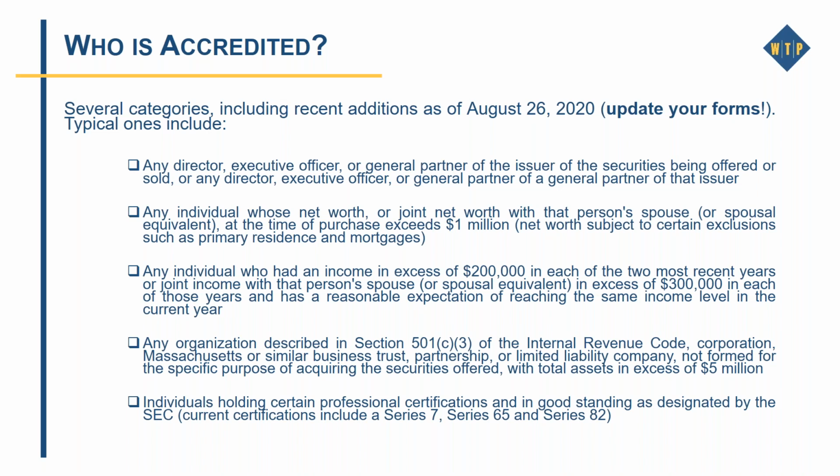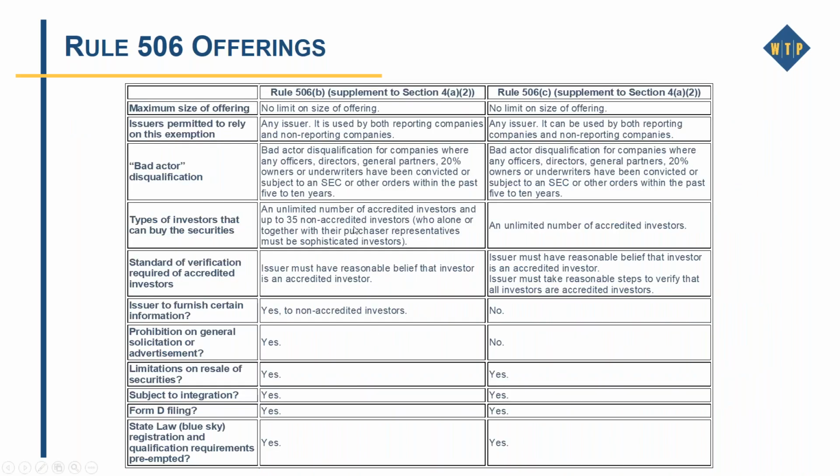Going back to the 506, we talked about accredited investors. Okay, so how do I tell if somebody's accredited? Well, under 506B, you just have to have a reasonable belief that they're accredited. And that can be done through self-certification, where the investor says, hey, I'm accredited, and the issuer has no reason to doubt them.